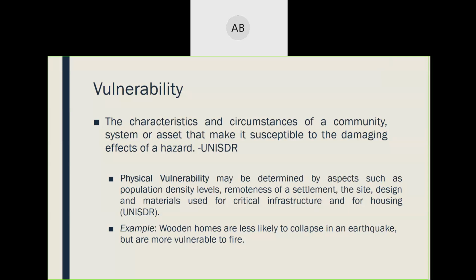Okay, then again, with the definition of hazard, we attached a few other components to it. For example, that hazard has a probability of occurrence, and it can be expressed whether it is a big hazard or a small hazard in terms of the magnitude of the hazard. The magnitude has different parameters to be tested.